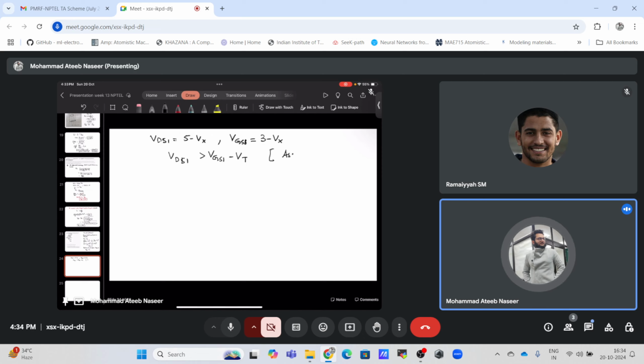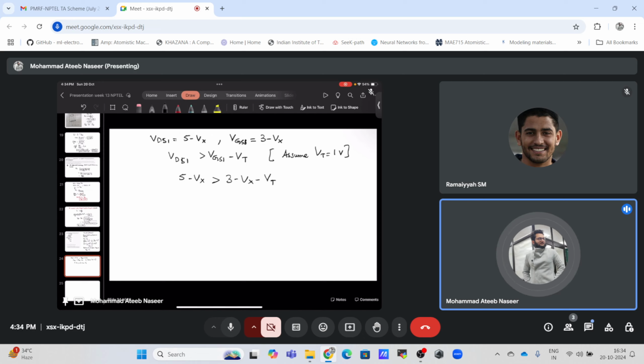The assumption is that VT is 1 volt, let's say. We have not been given any information about the VT. If I consider this VT to be less than this 1 volt, it won't matter over here, because 5 minus Vx is always greater than 3 minus Vx minus something, unless Vt is negative, which is not possible for this case.